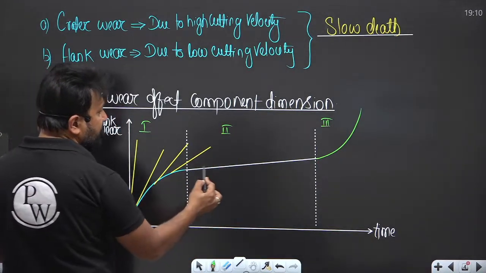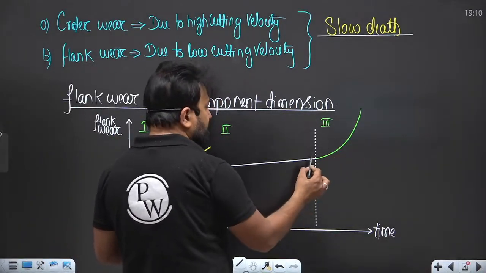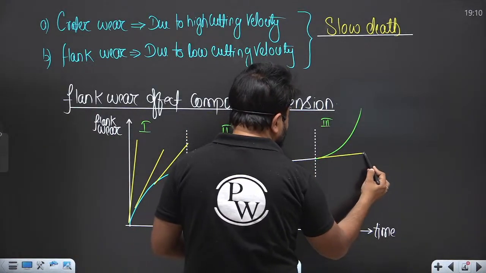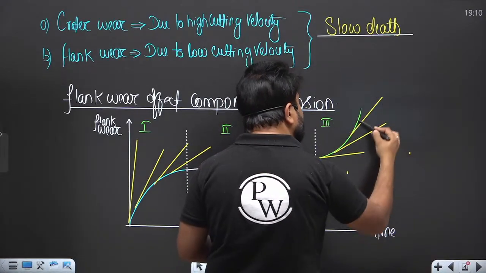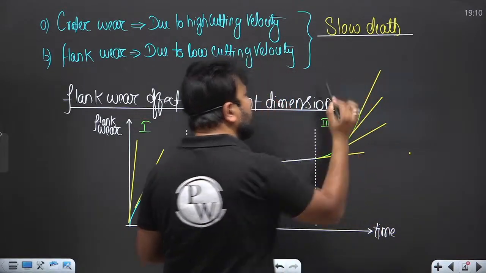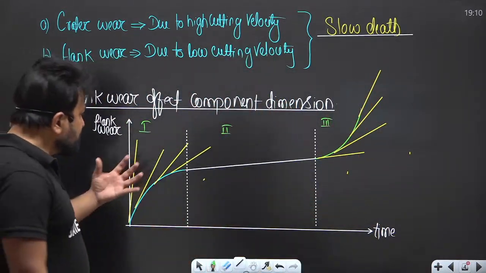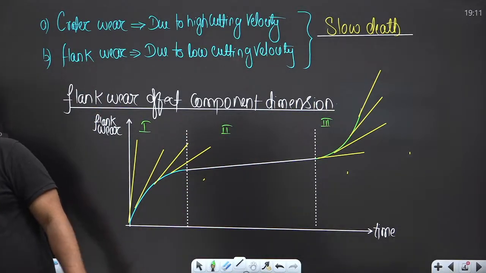After some point of time, the wear rate will be constant. After some point of time, the wear rate again gradually increases. So this is the pattern of flank wear which will happen.